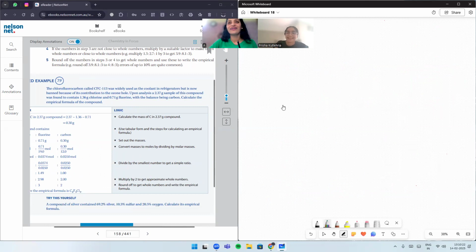Yes. Okay. Now the question says there is a chlorofluorocarbon, CFC 113. It was used as the coolant in refrigerators, but is now banned because of the ozone hole scenario. So on analysis of this, the mass of the sample is 2.37 gram, and we got 1.36 gram of chlorine and 0.71 gram of fluorine.